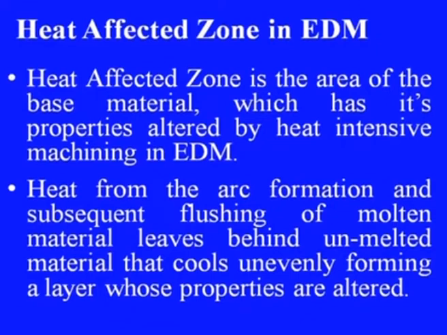Heat from the arc formation and subsequent flushing of molten material leaves behind unmelted material that cools unevenly, forming a layer whose properties are altered. This layer is known as the white layer, which has poor machinability. Generally, the hardness is much more in this white layer than that of the parent material. Thermal properties like fatigue strength, corrosion resistance and service life get greatly reduced due to the formation of the heat affected zone.